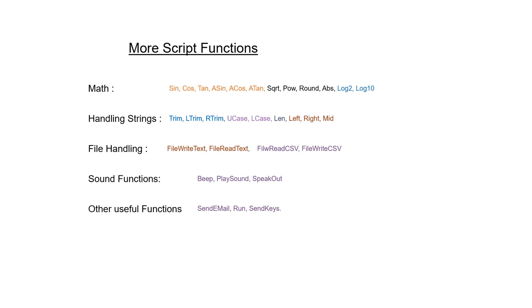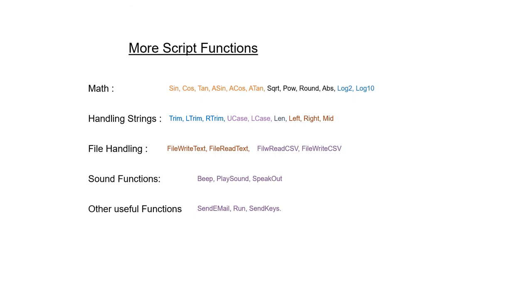Trigonometric and logarithmic functions are also available. Functions to manipulate strings like trim, ltrim, rtrim, and many more are available. You can read and write simple text files in ANSI and Unicode formats. You can also read and write CSV files.